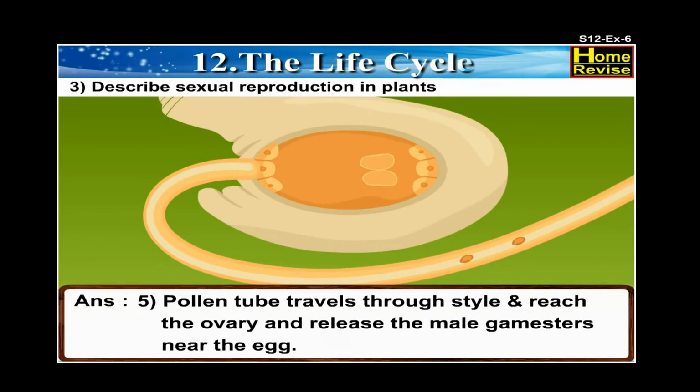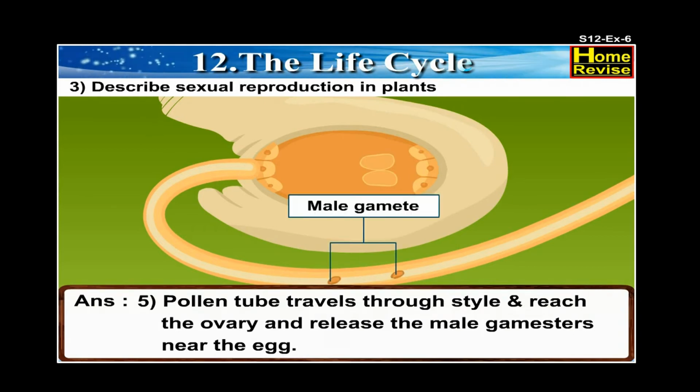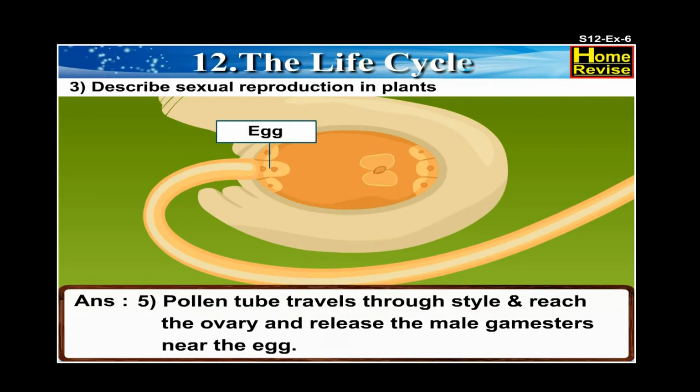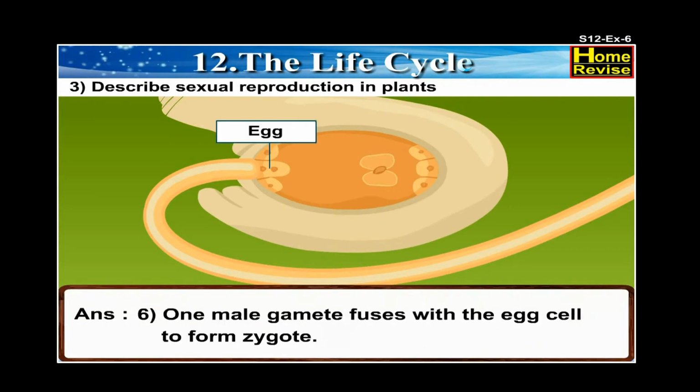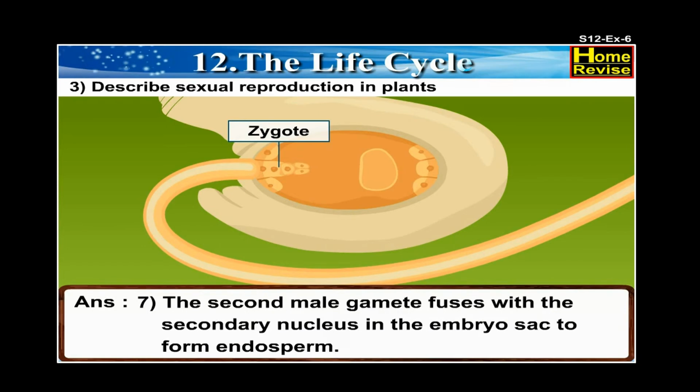5. The pollen tube travels through the style and reaches the ovary and releases the male gametes near the egg. 6. One male gamete fuses with the egg cell to form zygote. 7.